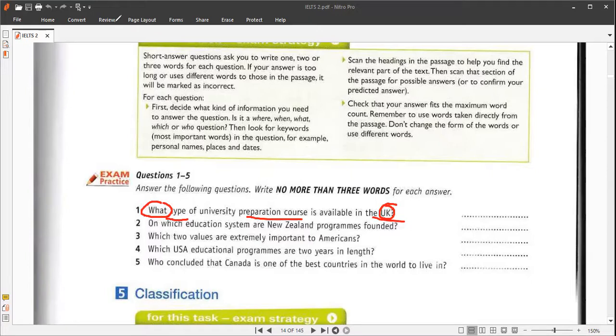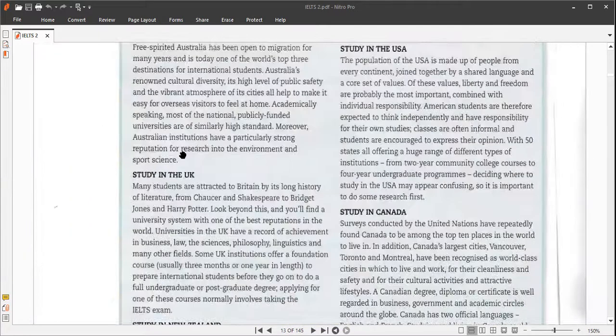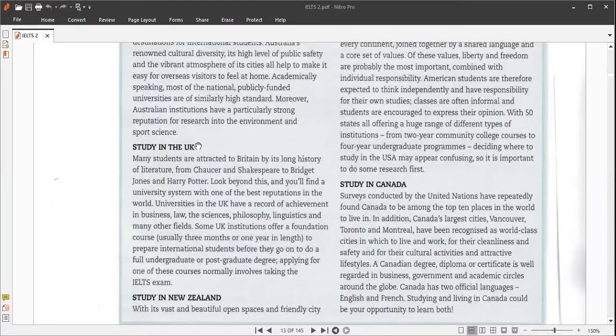Okay, now let's go to the reading. Scanning, remember, you already have the keyword: type of preparation course in the UK. Let's look for it. We have the UK here.